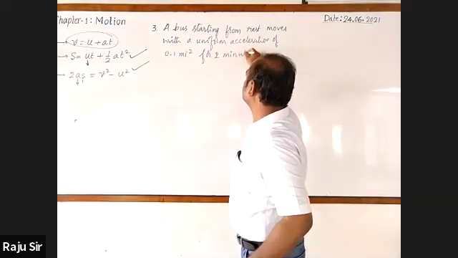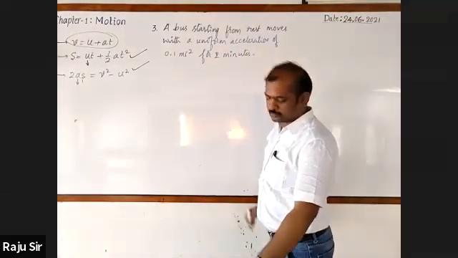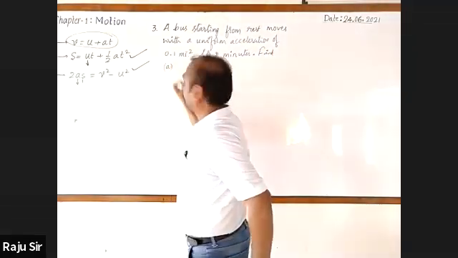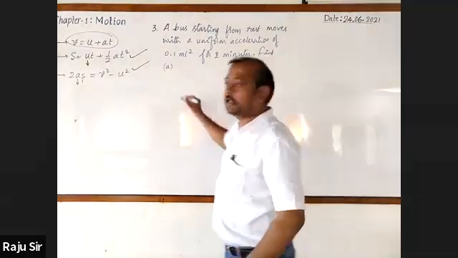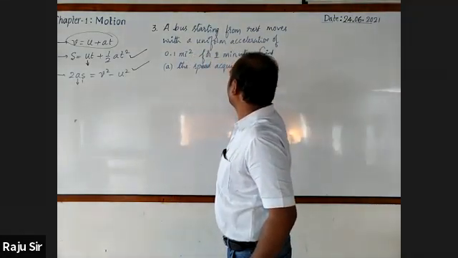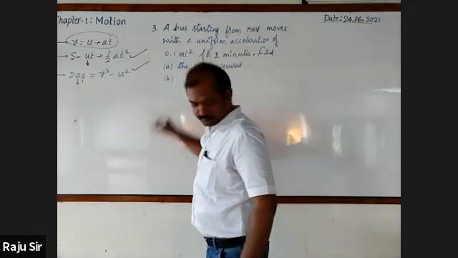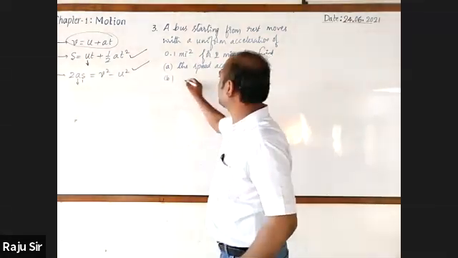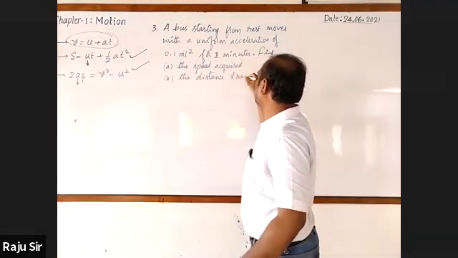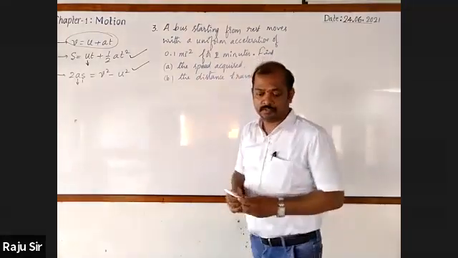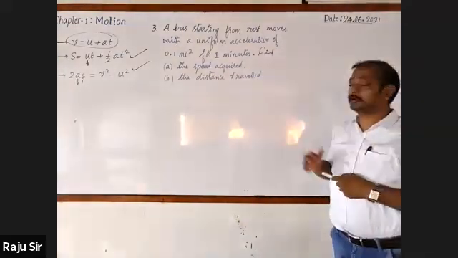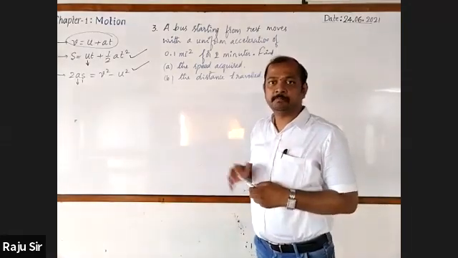Find A, the speed acquired, and B, the distance traveled. These are the 2 physical quantities which we have to find out. Is it not simple?